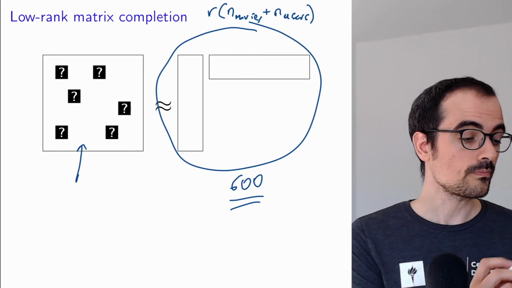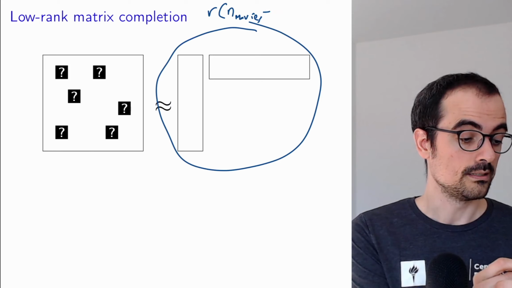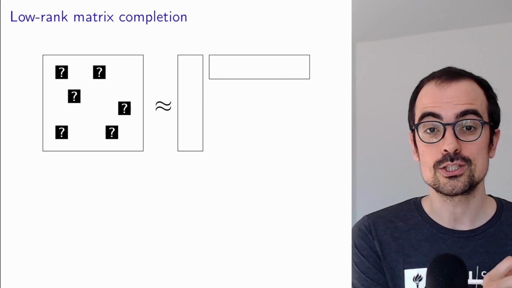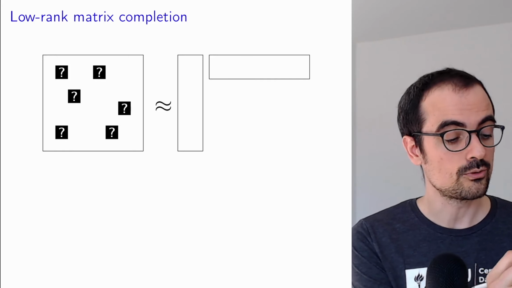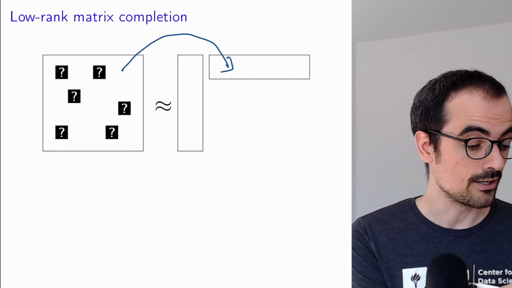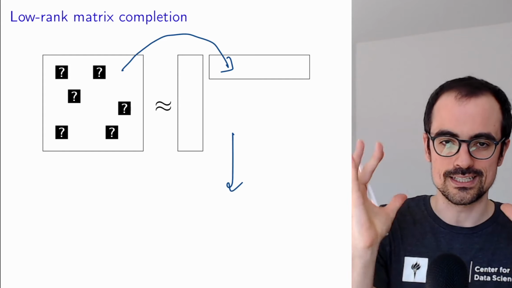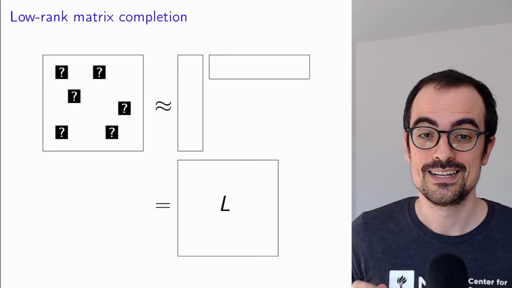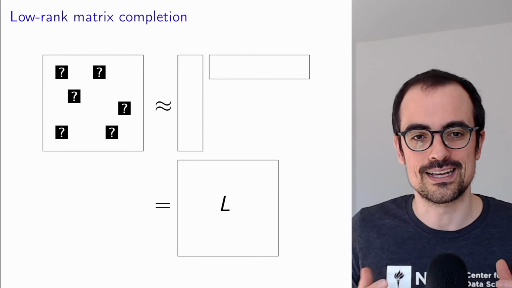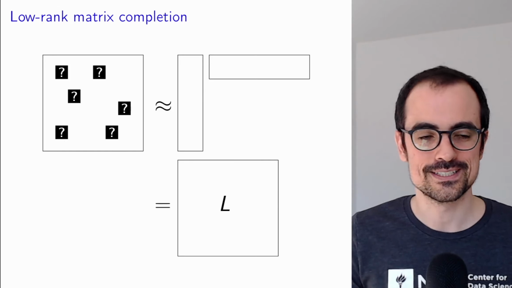So the cool thing is that if we manage to estimate the entries in the low rank model from these observed entries, now we can combine this rank R matrix into an approximation of the whole matrix, which reveals the missing entries. So this is kind of cool, right? It's a very elegant way of completing the matrix.